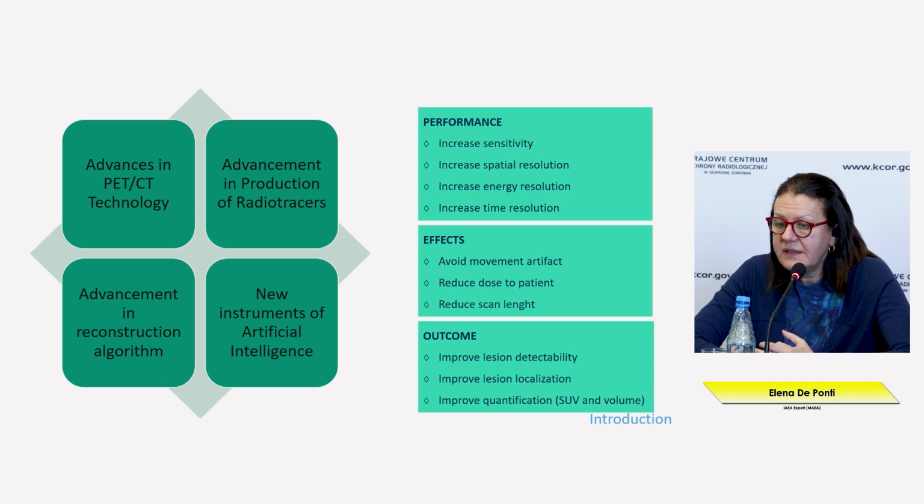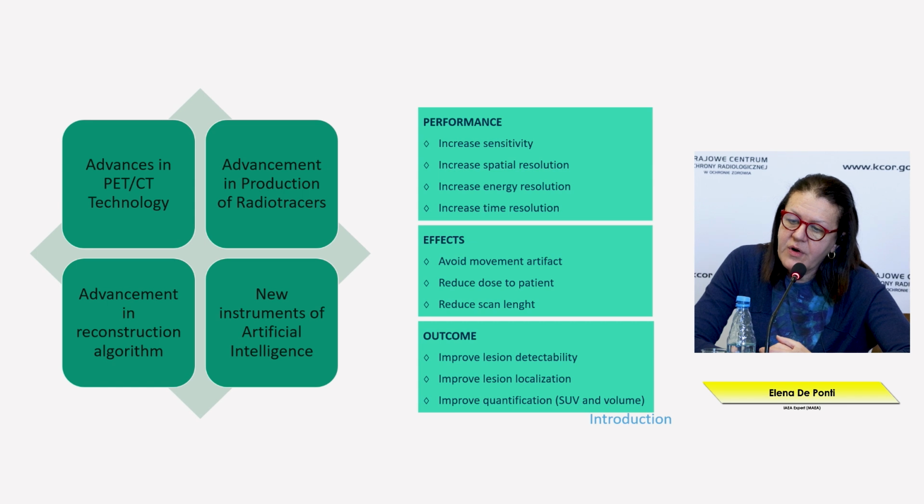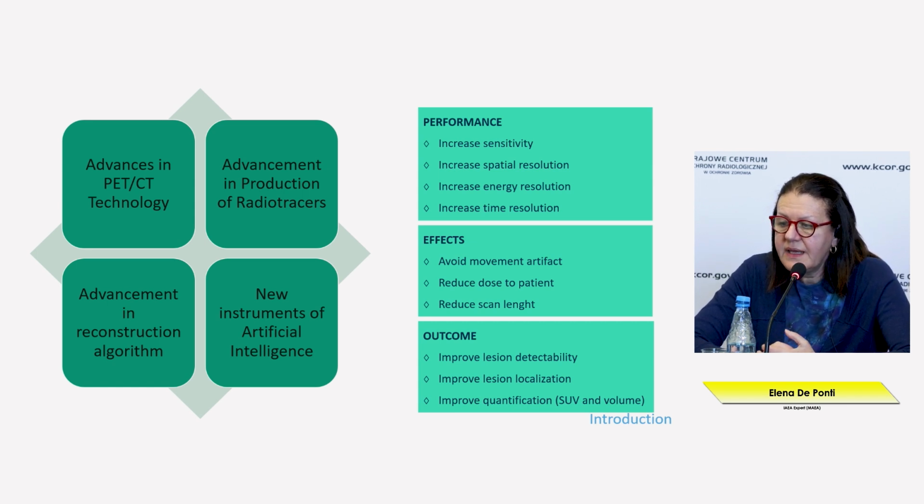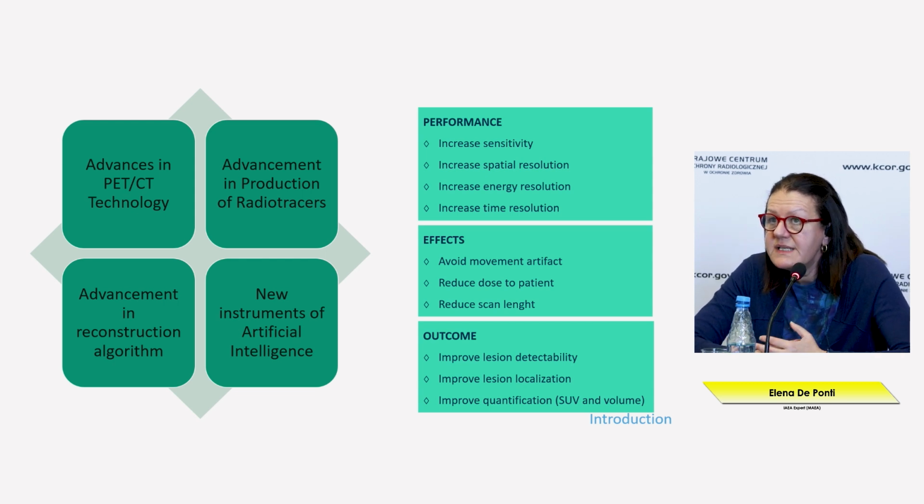When we think to improve the general performances of a PET-CT scanner, we are thinking of two of the most important parameters that characterize a PET scanner, that are sensitivity and spatial resolution. So we are always looking for scanners that have a higher sensitivity and a better spatial resolution. So we decrease, for example, the dimension of crystals, and we make other choices, for example, correction to improve the spatial resolution of the scanner.